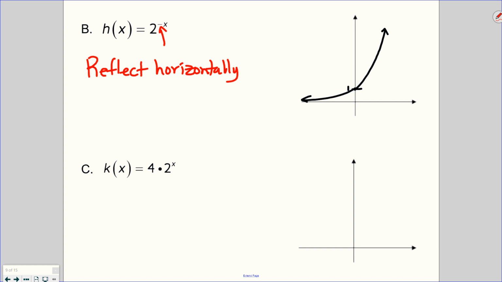Okay, and since it hasn't been moved from the y-axis, this will be over the y-axis. If it had been shifted right or left first, then that would be different. But we're only doing the reflection. So we remember that, again, stuff that's inside the function is going to do stuff horizontally. So it's going to reflect it around the y-axis. So you're going to get the exact same graph, just reflected. So this is now decay again.